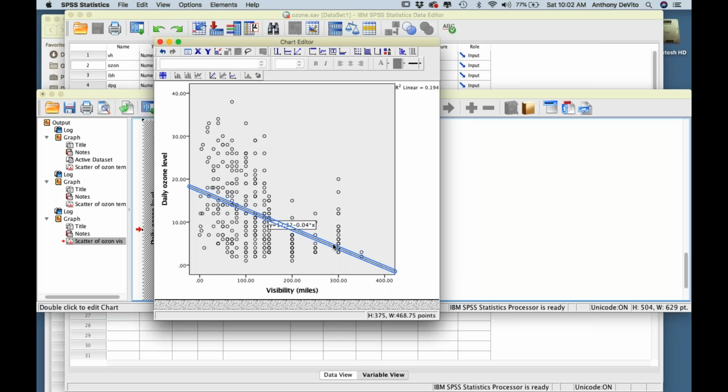Maybe it's measuring horizontally through the air. So when there's a lot of smog or haze, like you might get frequently in big cities in California, maybe as that haze gets greater, not cloud cover, but haze, the ozone levels go up, and the portion where the haze is greatest is where the visibility is lowest.